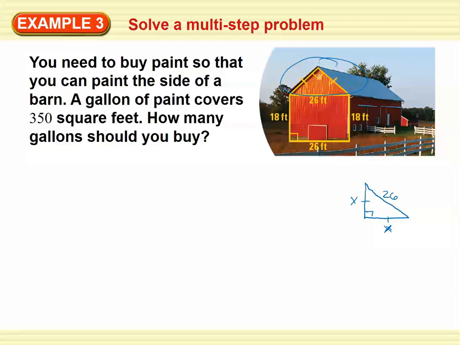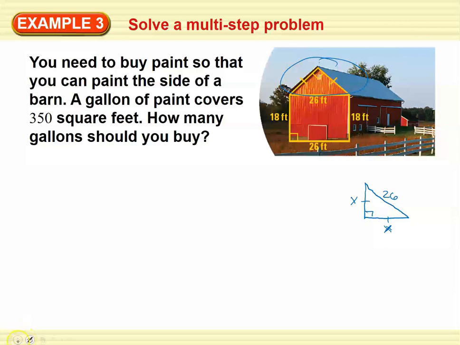Okay, so now there's a couple ways we can go about doing this to try and find that x. Your first thought is probably using Pythagorean theorem. So I'm going to show that way, but then I'll quickly explain how you could do it another way.